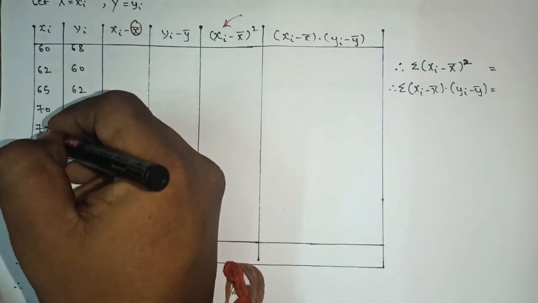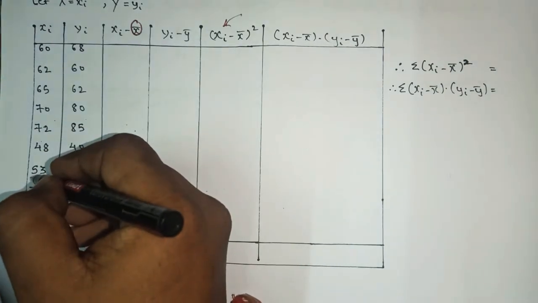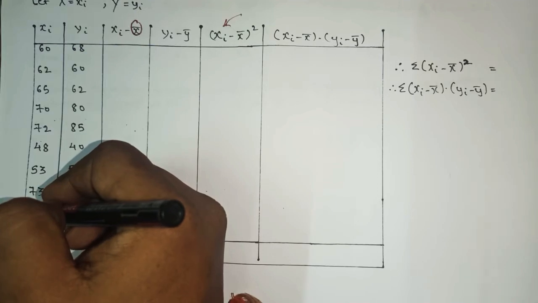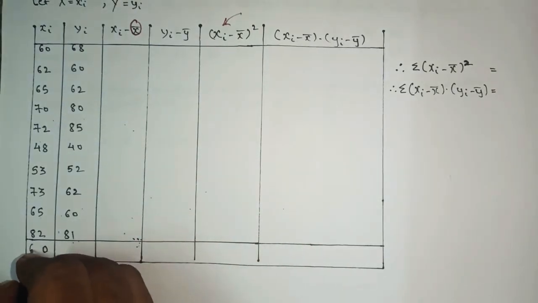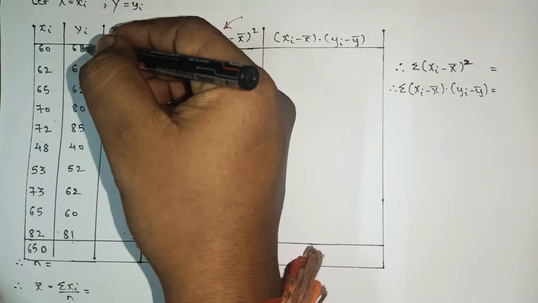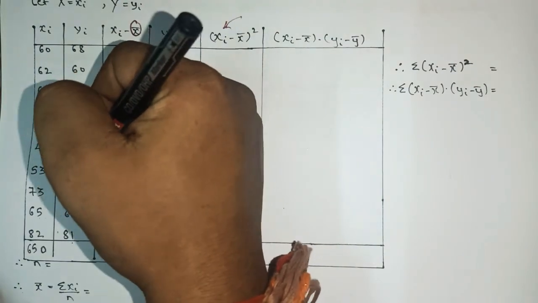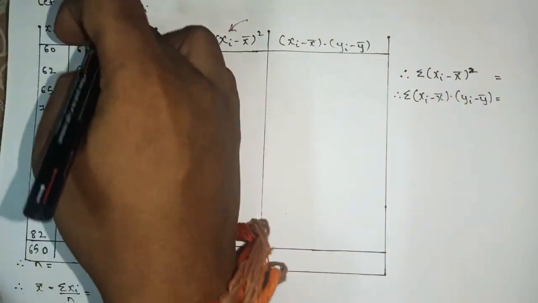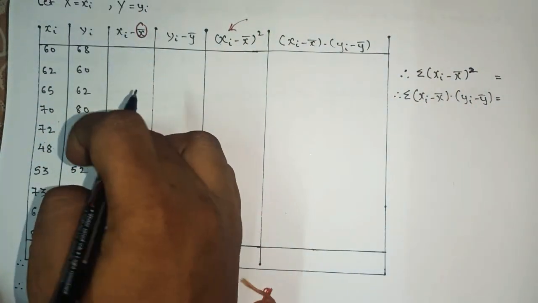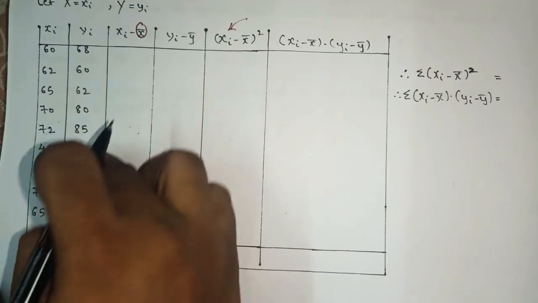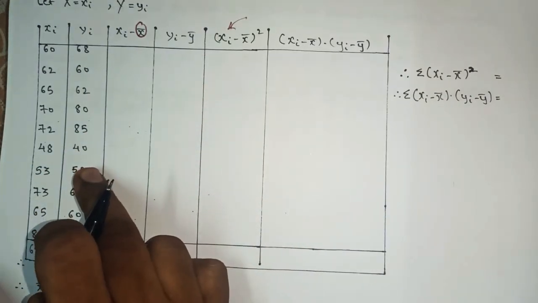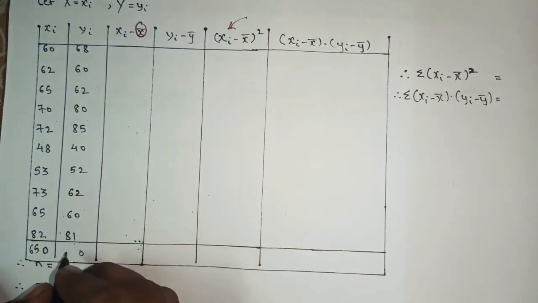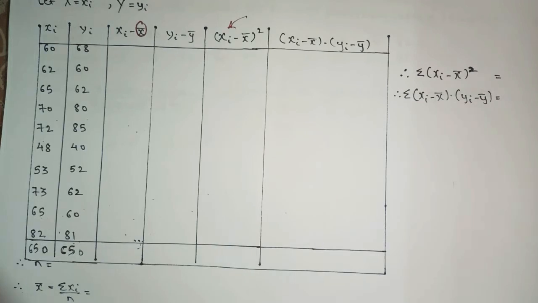When you calculate the total of xi, this will be 650. When you calculate the total of yi, this is also 650.